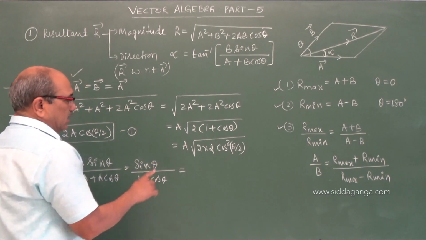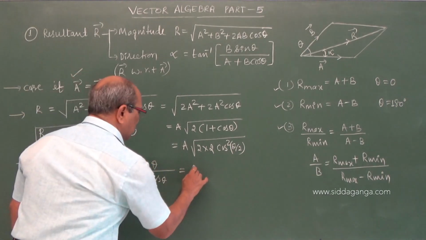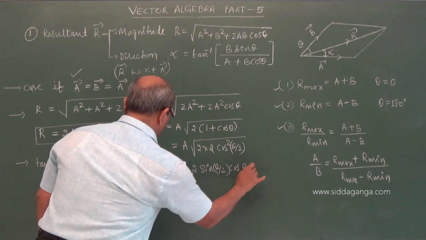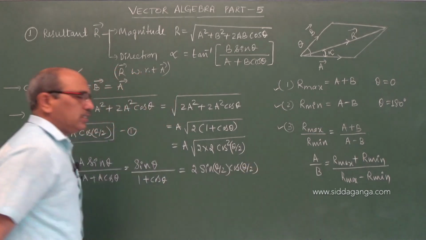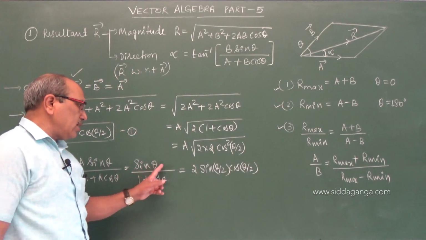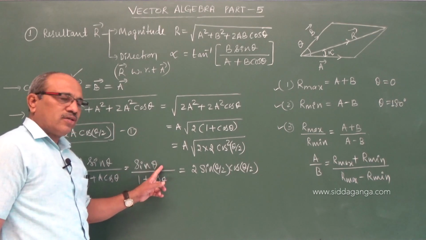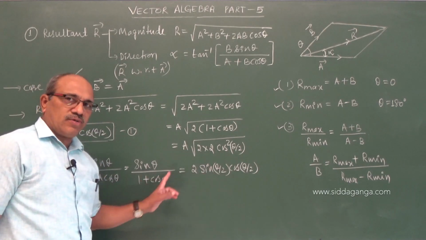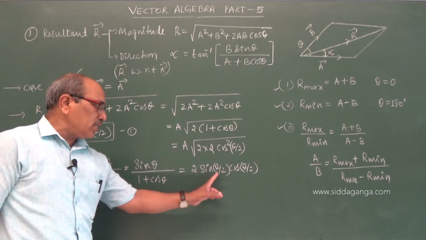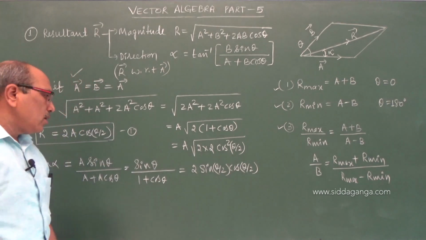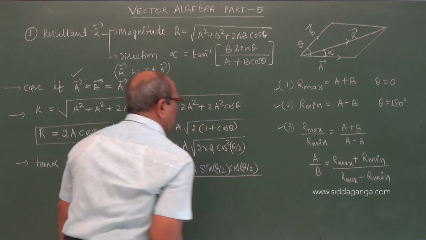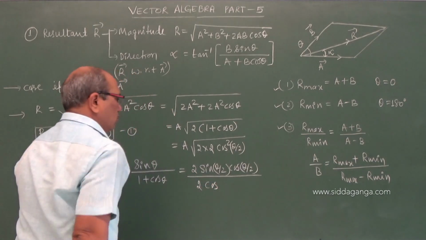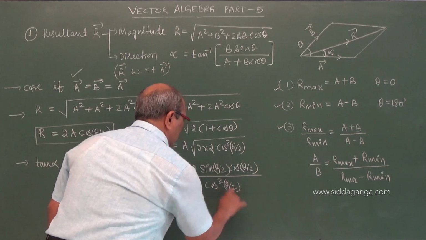And sin theta is 2 sin theta by 2 cos theta by 2. The trigonometric relation: sin of A plus B, here theta by 2 plus theta by 2. Sin of A plus B is sin A cos B plus cos A sin B. When both are the same, it can be written as 2 sin A cos A, divided by 1 plus cos theta, which can be written as 2 cos square theta by 2.